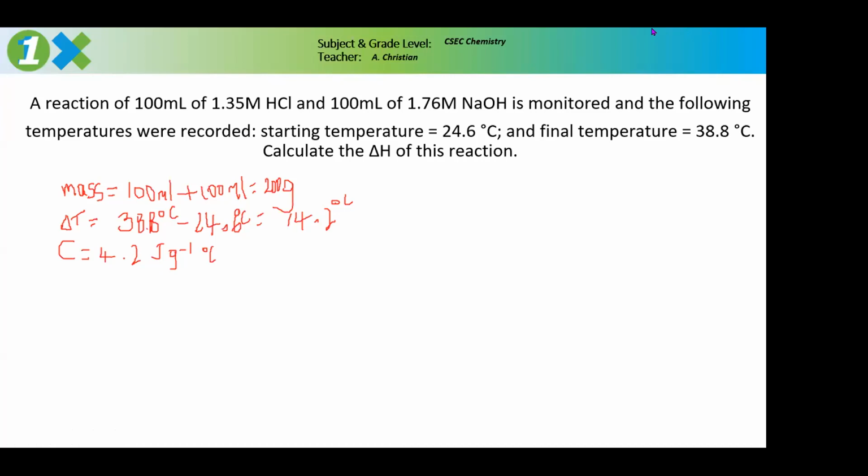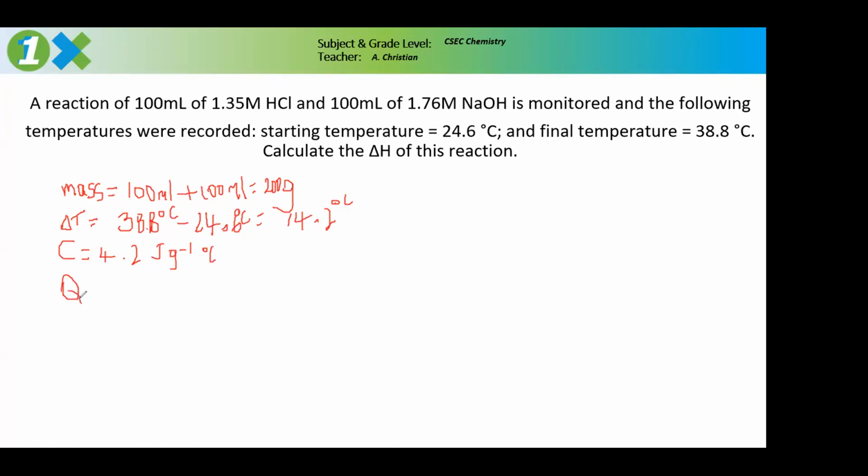Any other question? So how did I get the 4.2? It is given to you. Really? Yes. Just like what they give you, 1 farad is equal to 96,500 coulombs, this is a standard. Okay.